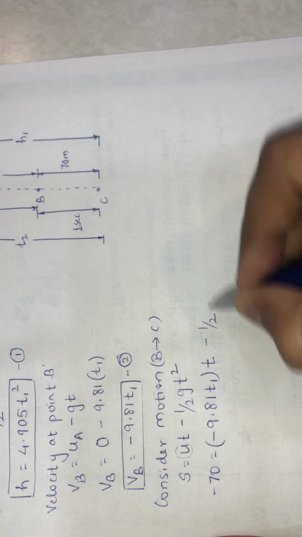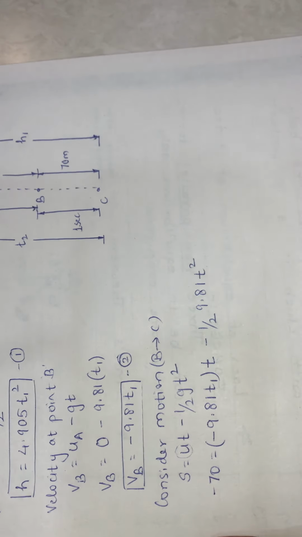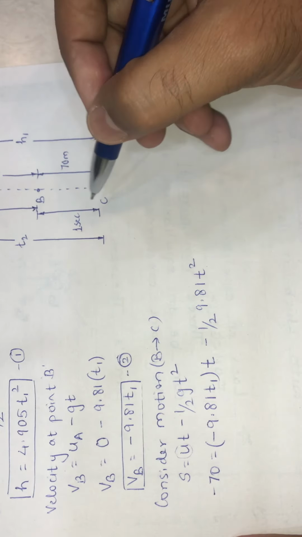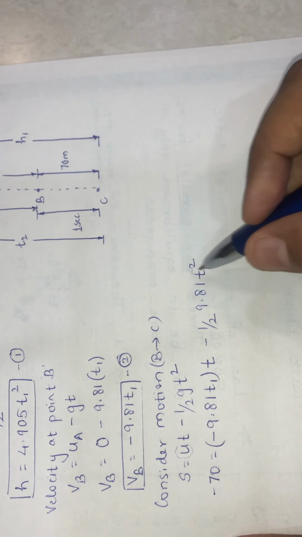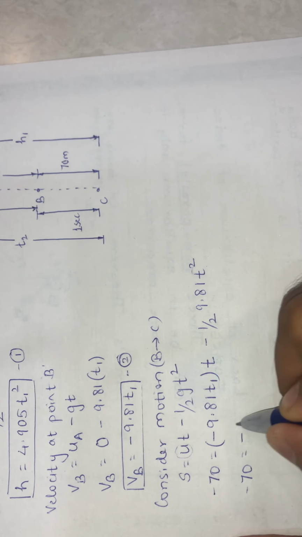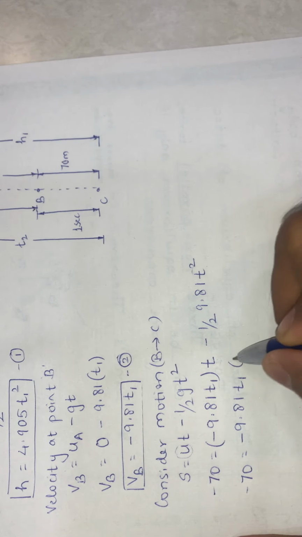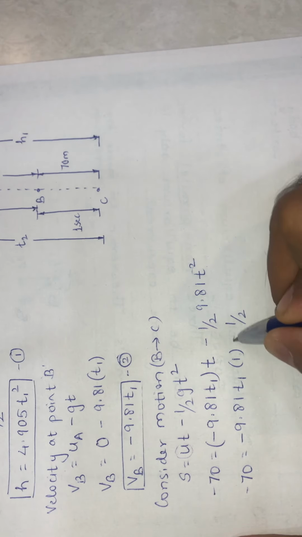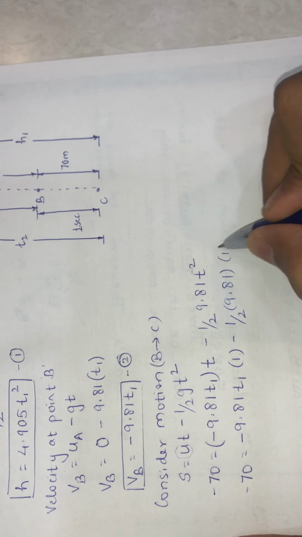Minus half 9.81 t square. Now for motion B to C, the time is 1 second. So in place of this t and this t, you can substitute 1 second. So minus 70 equals minus 9.81 t1, in place of this t you are putting 1, minus half 9.81, in place of this t you are putting 1.